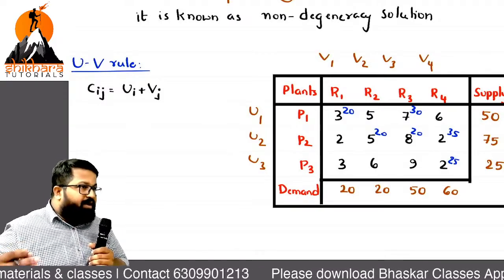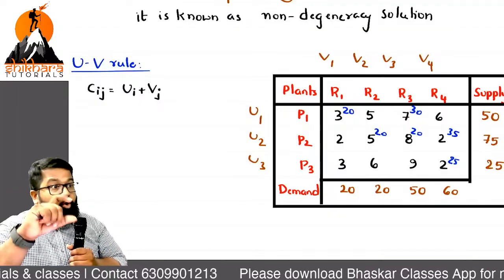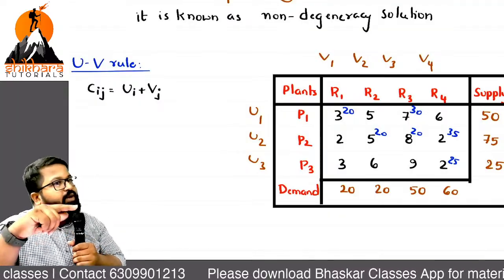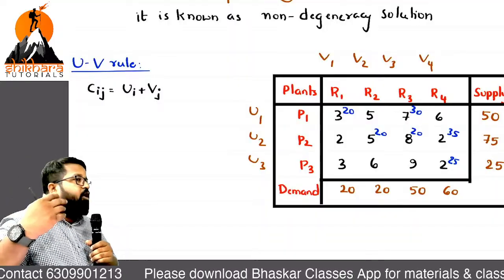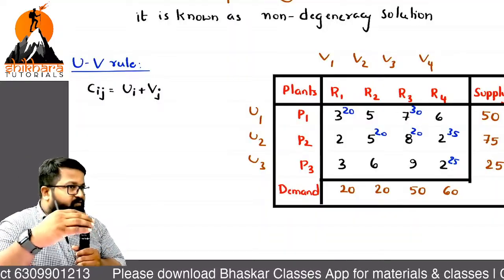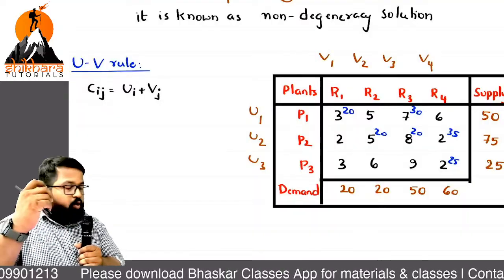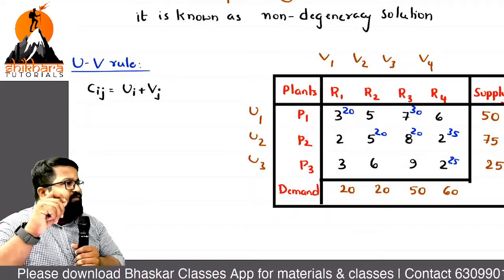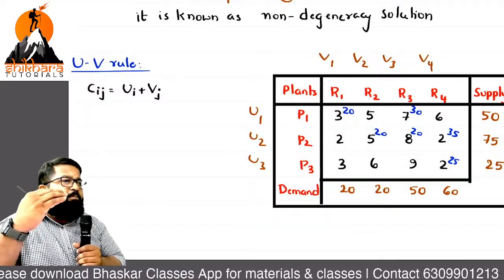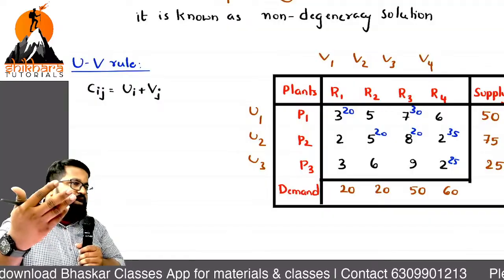At this point, he has two options. One option is that you can take any value. Or else you can go with the other option, which I will tell you how to take. By seeing U1, U2, U3 and V1, V2, V3, V4, look at where the maximum number of allocations are done.